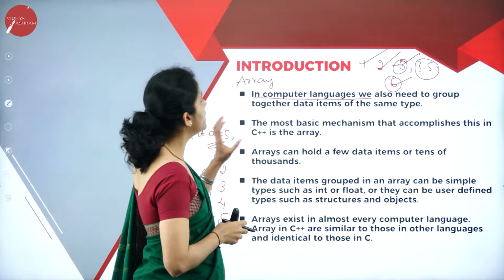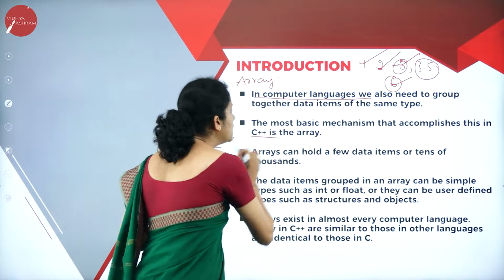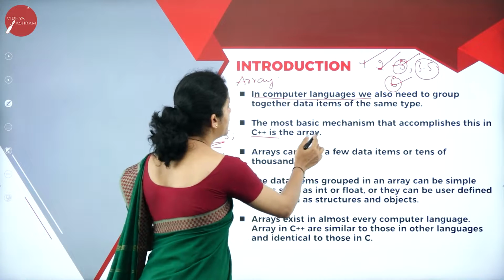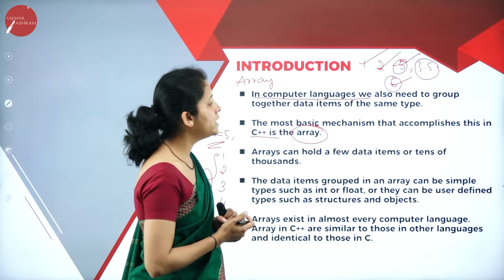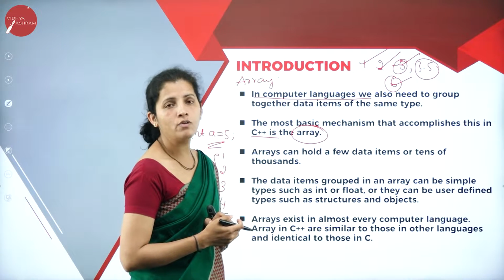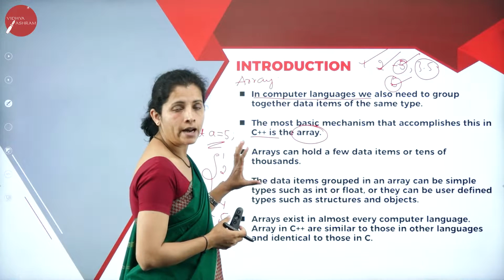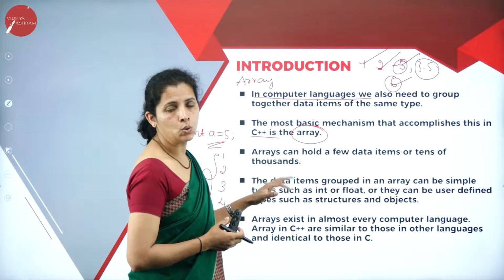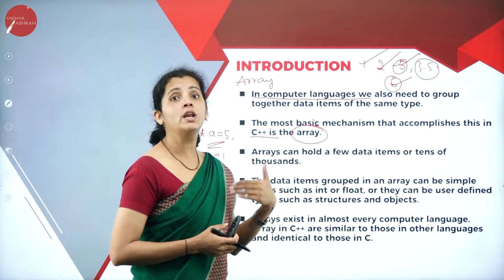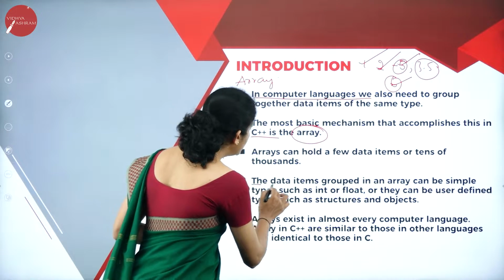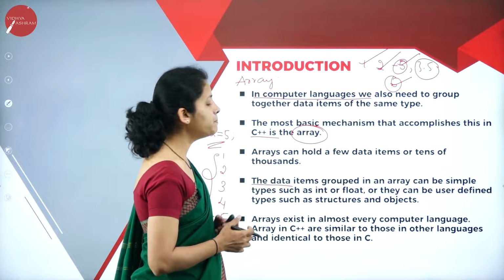The most basic mechanism that accomplishes this in C++ is the array. An array can hold a few data items or tens of thousands. That means if I declare an array, it is capable of holding 5 items, or 10, or 1000, or lakhs of items.